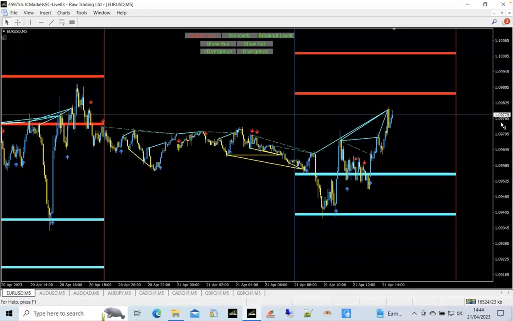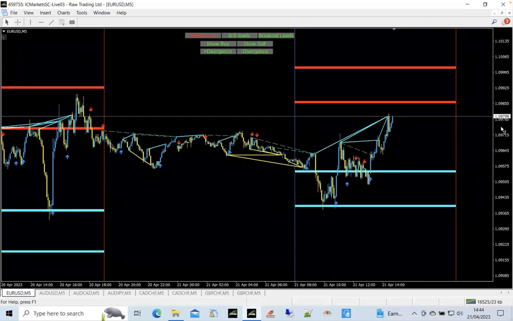So what are these levels? First, let's explain a little bit about them. Now, the upper level, this first red one, is called a sell level. So usually the market will come here and then you can sell if you can find a pattern for selling. And then the target will be at least the next level, which is the buy level.